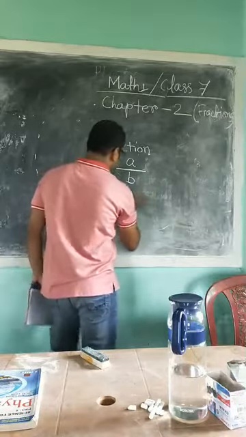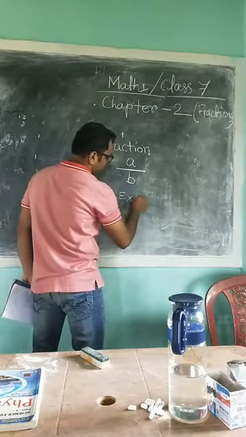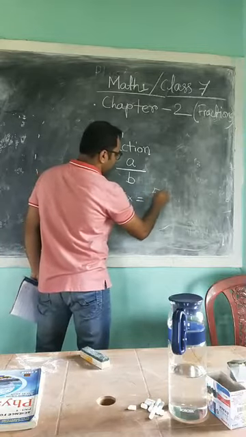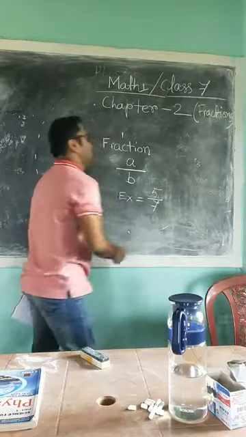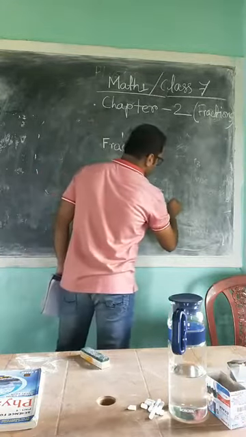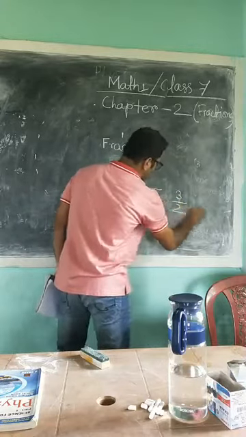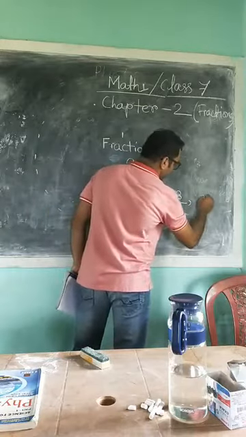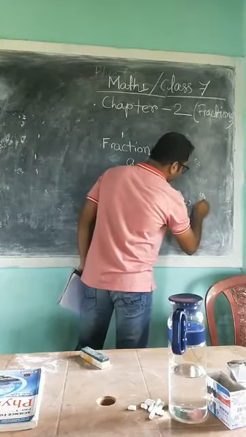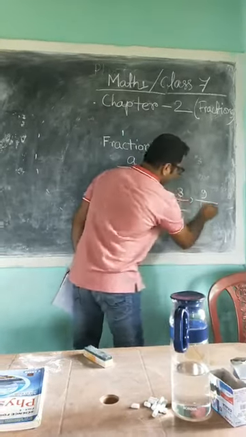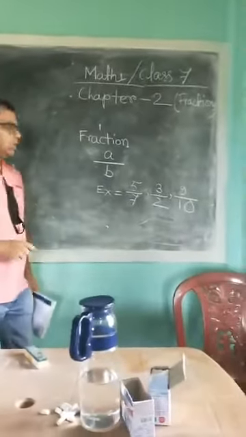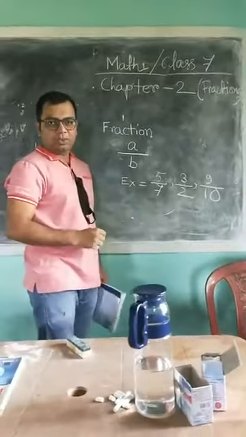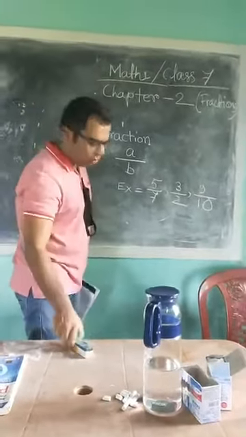For example, 5 by 7 is a fraction. 3 by 2 is a fraction. 9 by 10 is a fraction. These are the example of fraction. You can make your own.